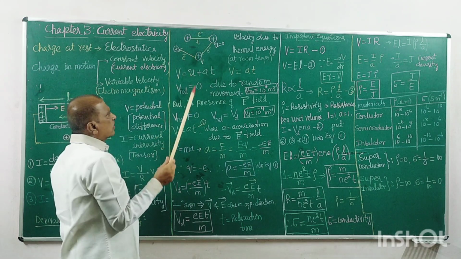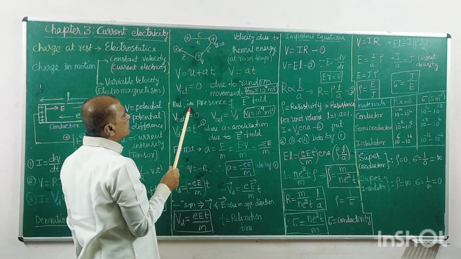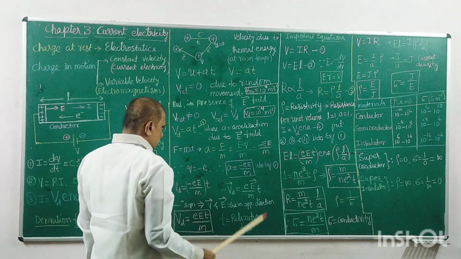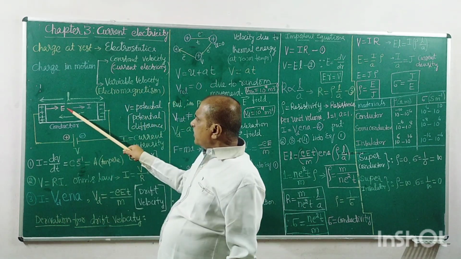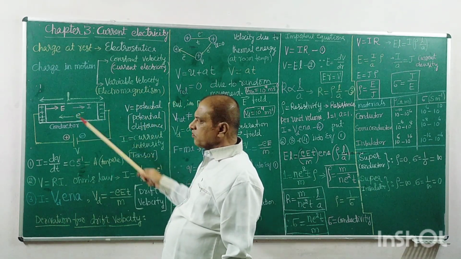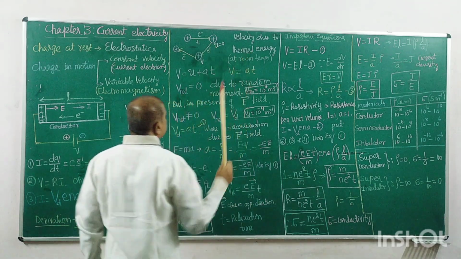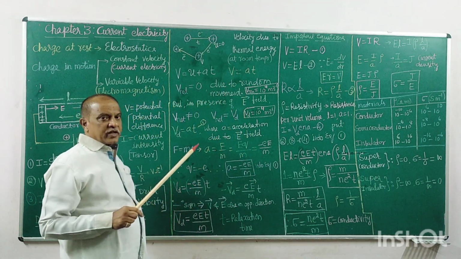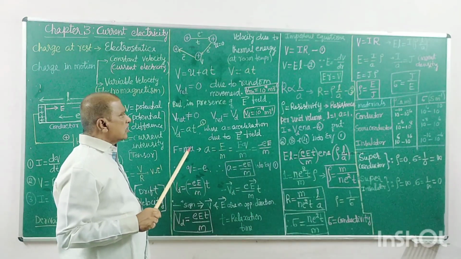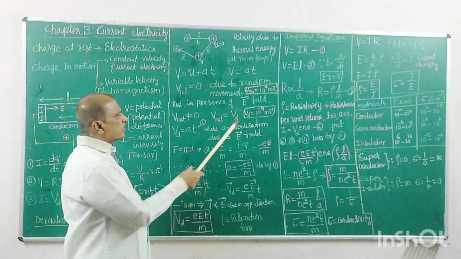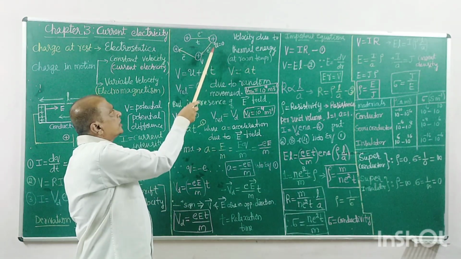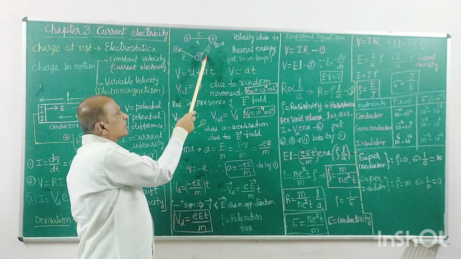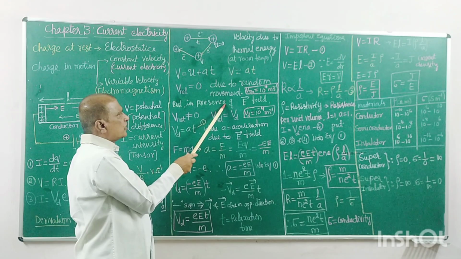But when you apply a potential difference, that is, in the presence of an electric field, what happens? There is acceleration by thermal energy. In addition to this acceleration, there is one more acceleration, due to the electric field.